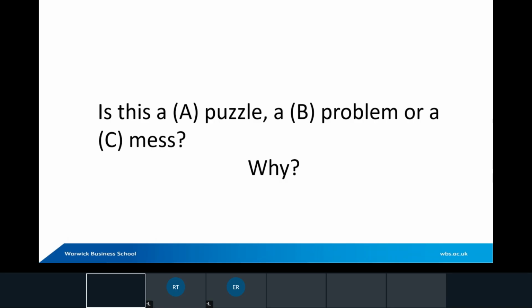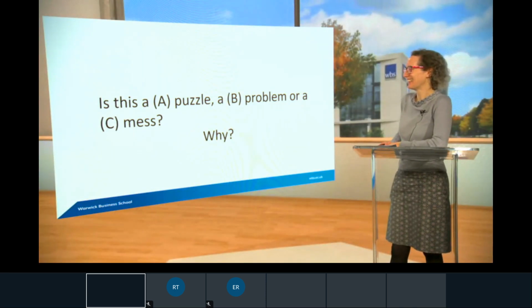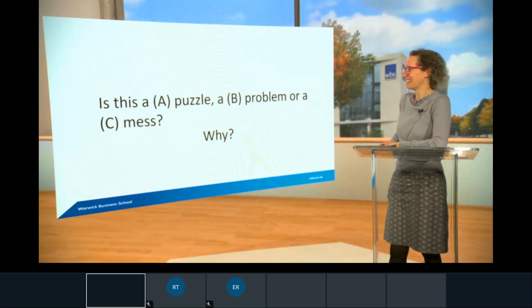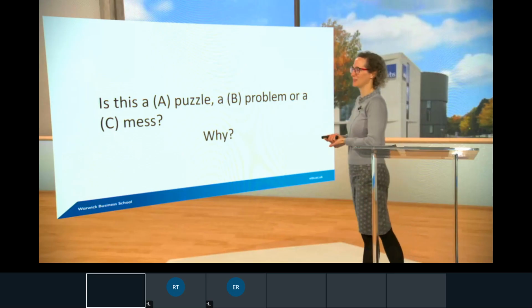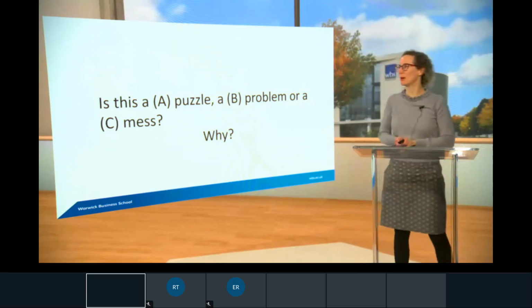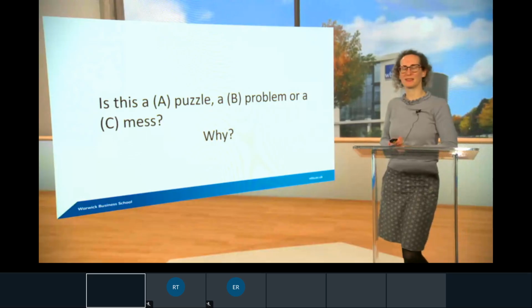Oh my goodness, I wonder who's put D. We might need a chat about that later. So I encourage you there to type a few words into the chat if you feel able about why you believe that this is a puzzle, a problem, or a mess.